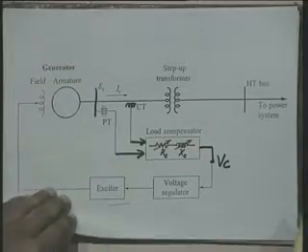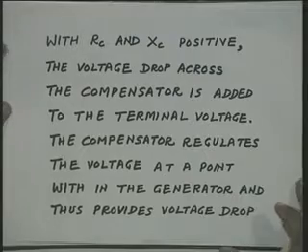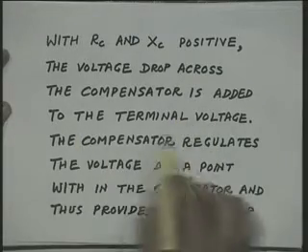Therefore, by setting Rc and Xc positive, the voltage drop across the compensator is added to the terminal voltage.